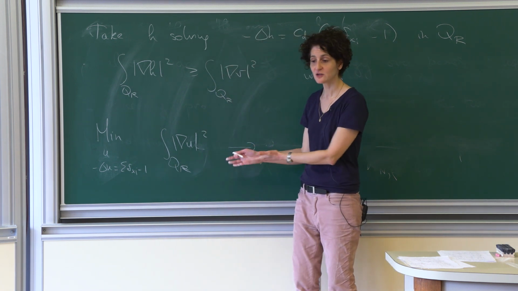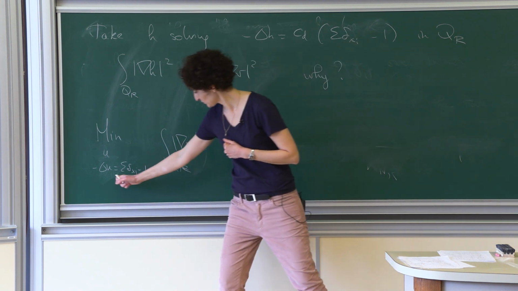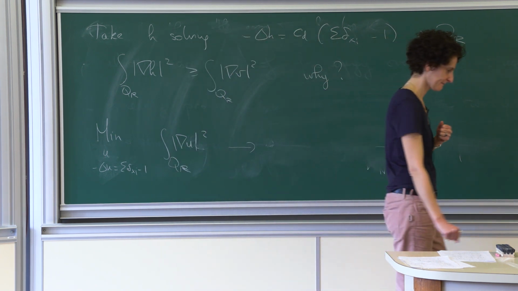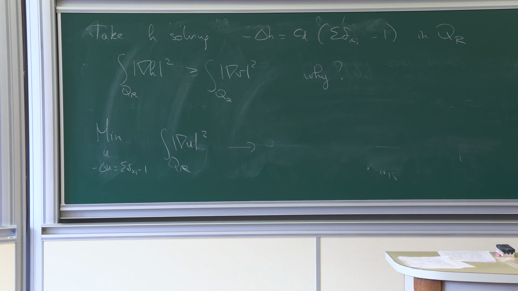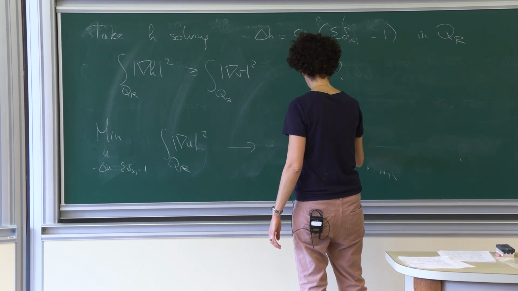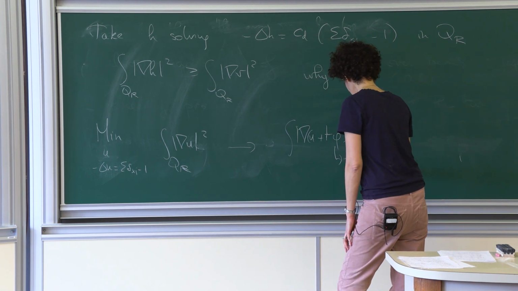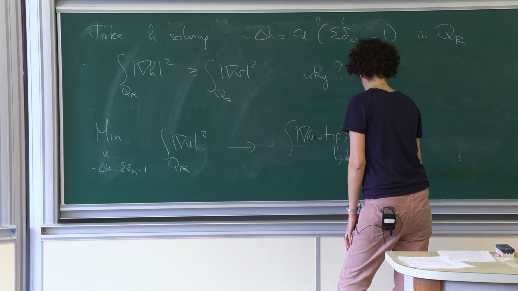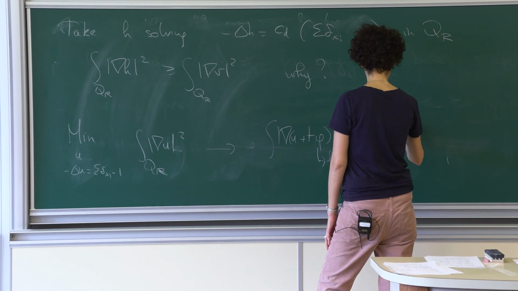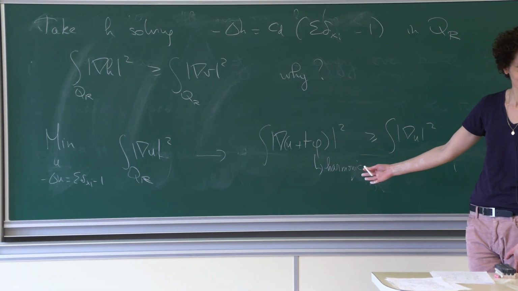So what you do, you make variations. You say, okay, I have a class of functions where the Laplacian is prescribed. So I add a harmonic function. That's my only freedom. So you look at grad of u plus t phi with phi harmonic. This is going to be always at least the integral of grad u squared, if u is the minimizer and phi is harmonic.